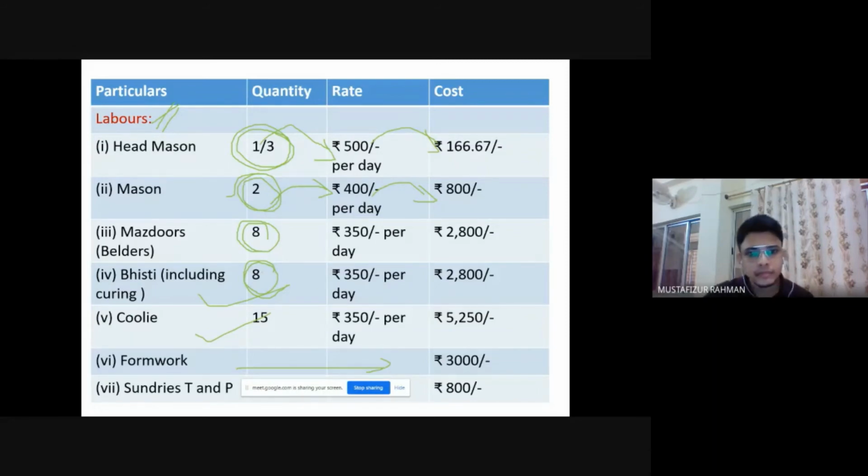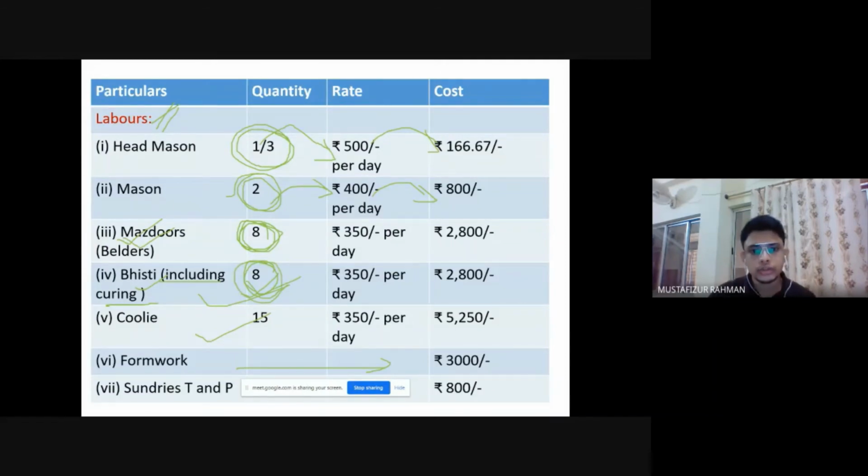So how many mazdoors will be required? Around 8 will be required. How many bhistis will be required? A bhisti is the person who will do the water works. They will bring the water, they will mix it, and they are also going to be required for the curing works. If not for curing, this number would have been less.